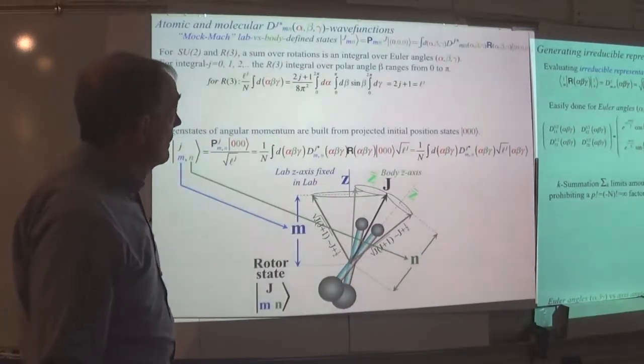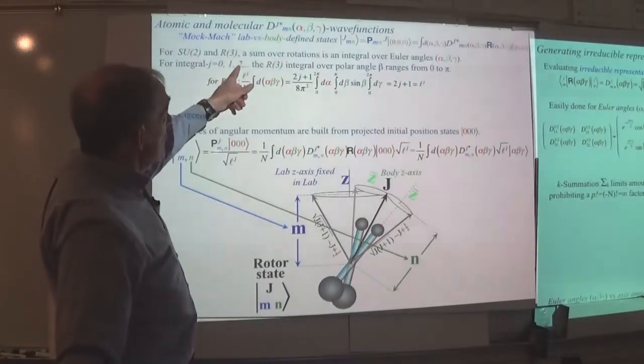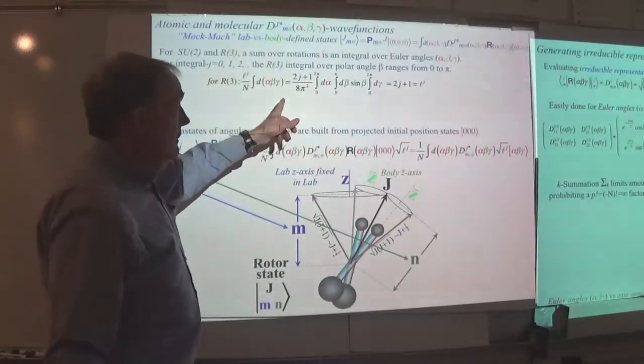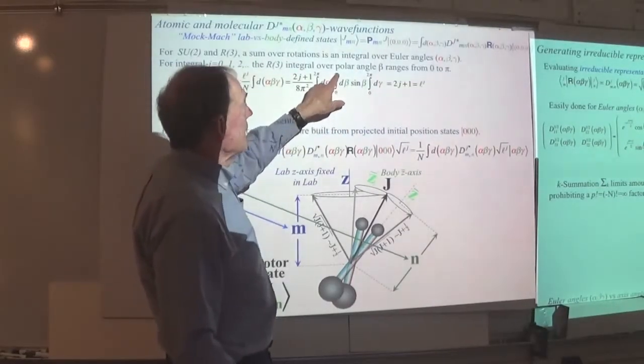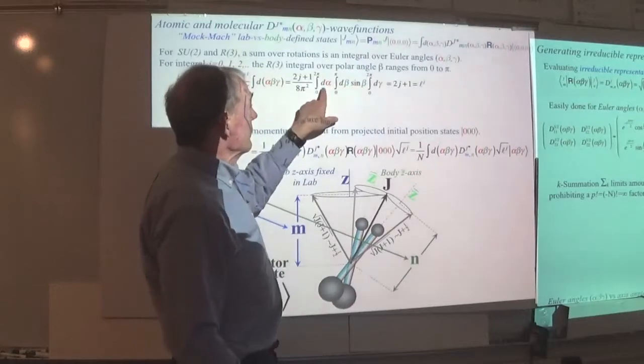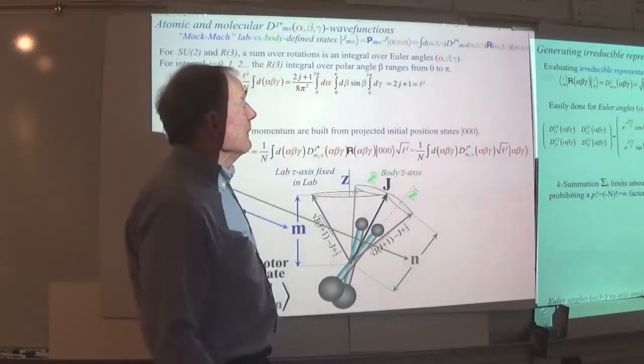But right now, if you have an integral over j, 0, 1, 2, then that integral is just over beta from 0 to pi. The azimuths, both internal and external, go over 2 pi.